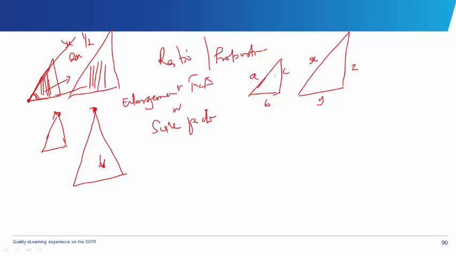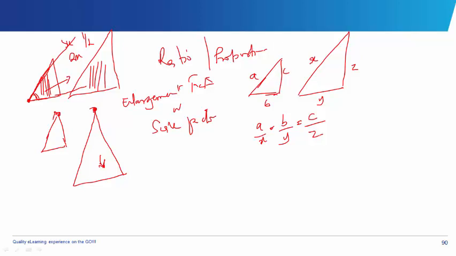So let's say this over this, which is A over X, is an enlargement factor, and it should be equal to the other side, which is B over Y, and should also be equal to C over Z. So the enlargement factors for the different corresponding sides must be equal, and if you remember when we did ratios and proportion, it's still the same concept.